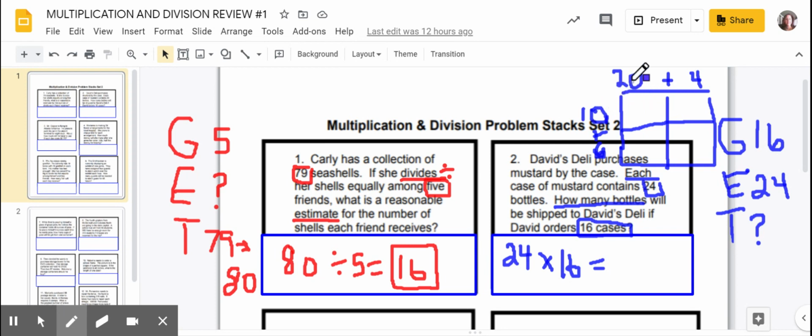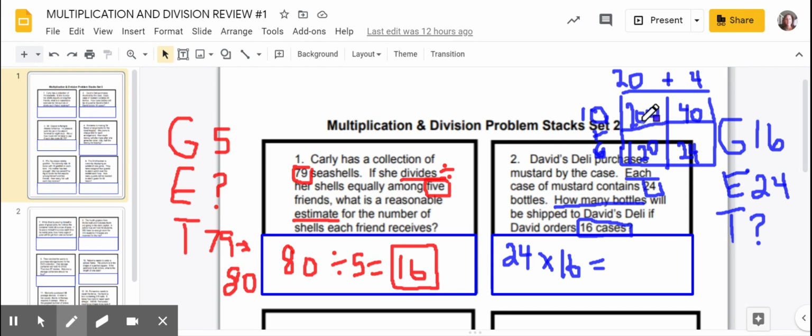So first is 10 times 20, which is 200. Then over here in this second box, 10 times 4, which is 40. Down here is going to be 6 times 20, which is 120. And then 6 times 4, which is 24.